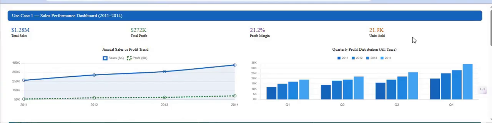I am growing every year, which is good, but my profit growth is slower than my sales growth. So I need to review my cost structure. My best quarter is always quarter 4. So I should plan a big sales campaign for quarter 4 every year. That's a complete business conversation from this single screen.